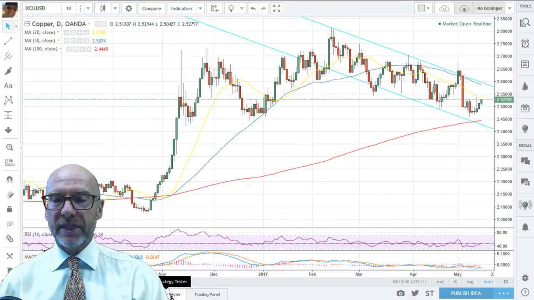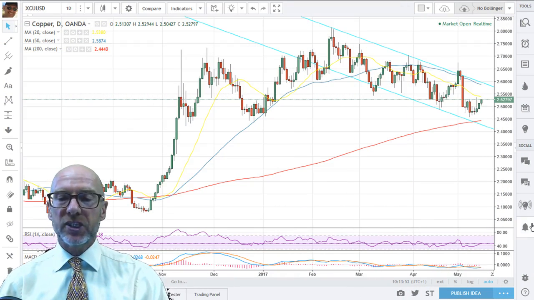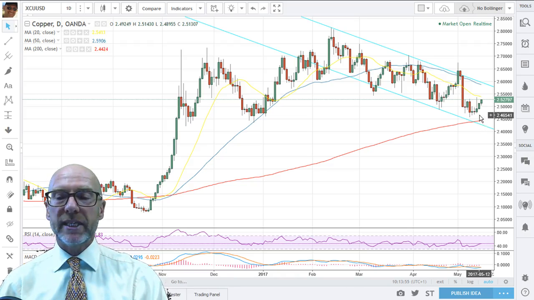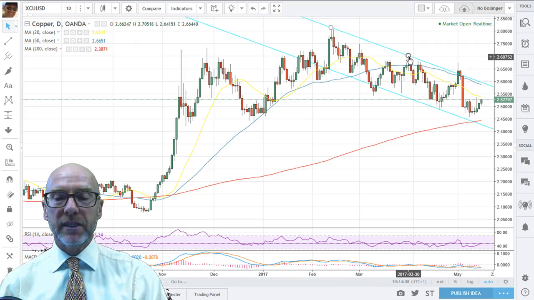So here we have the daily. Each candle represents 1 day's trading on the copper price. You can see that I've drawn a trend line through the highs of the 13th of Feb and the 30th of March.